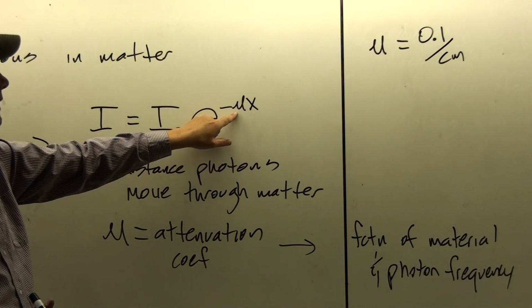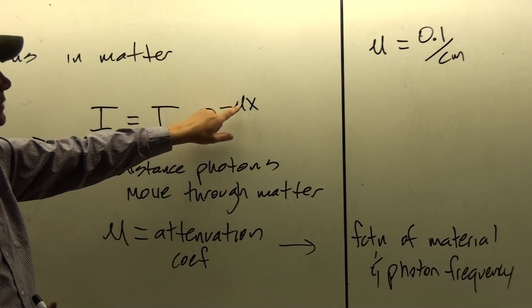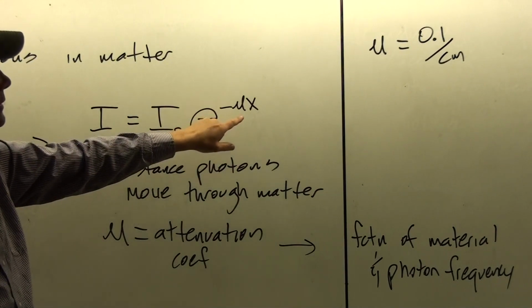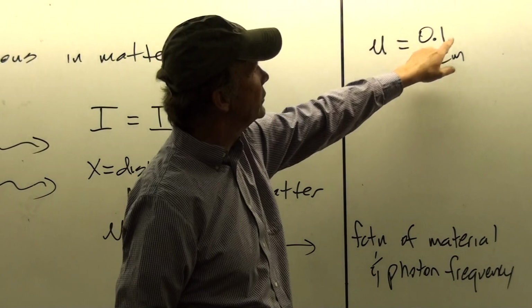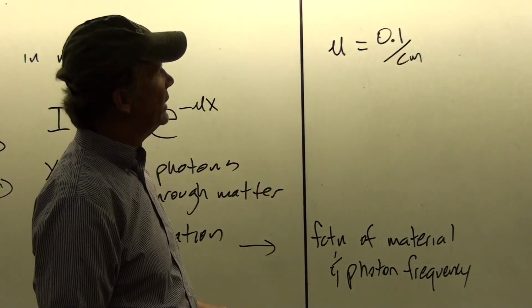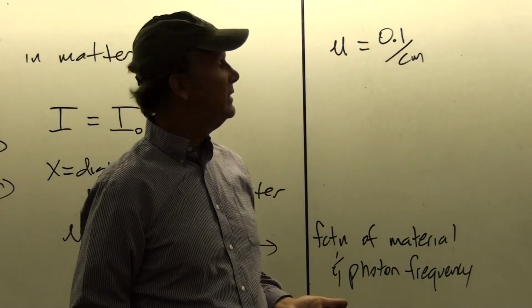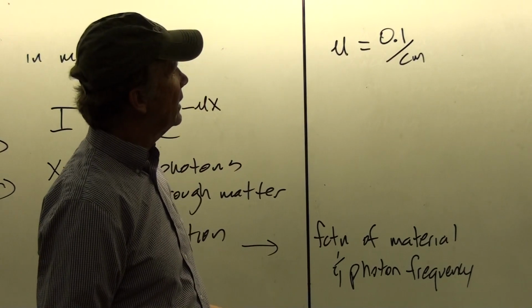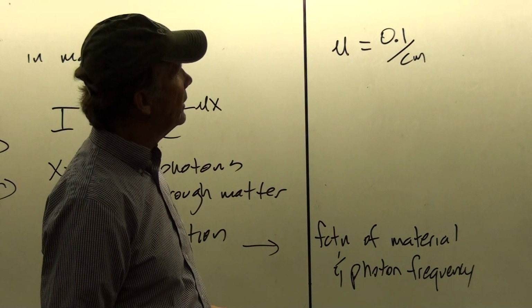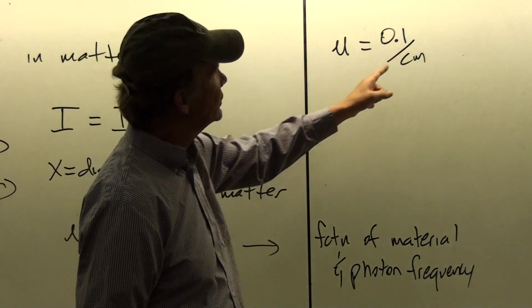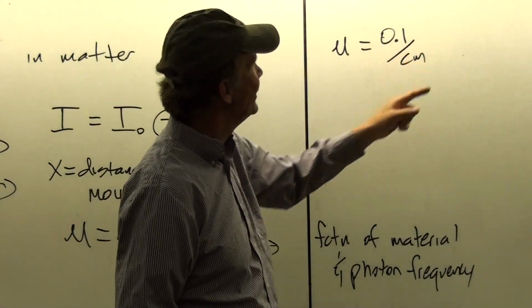Okay, so that means that if we had this in units of 0.1 per centimeter, then x would have to be in centimeters. Or I could have written mu in terms of the attenuation per meter. Okay, if I did that, then there's 100 centimeters per meter, and so the attenuation would be much larger. It would be something like 10 per meter.